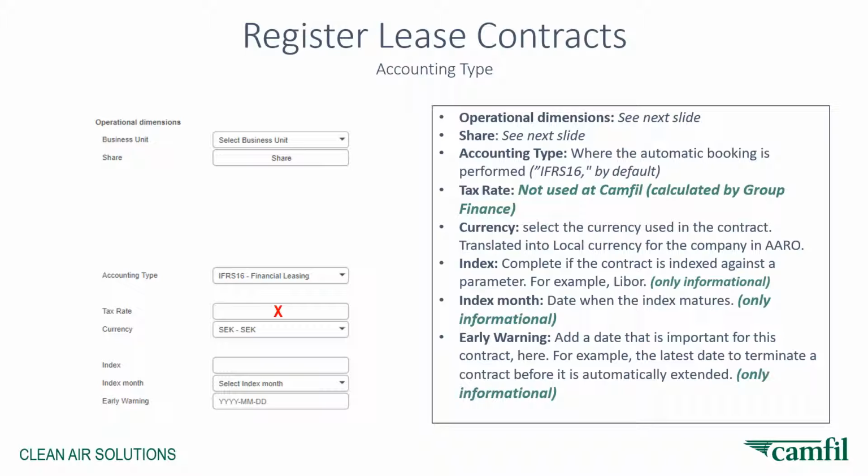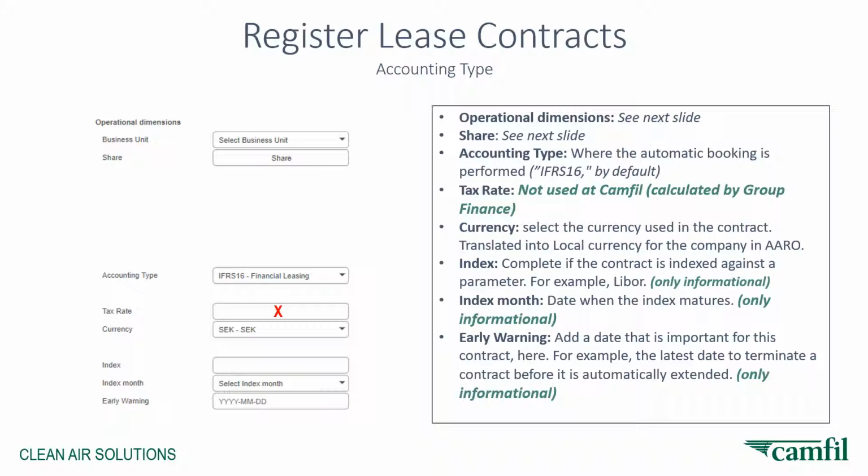After this, you'll notice tax rate, currency, index, index month, and early warning. Tax rate is not used at Camfil, but is calculated by Group Finance. Currency is where you select the contract currency, which may differ from the local currency. Index refers to instances where the contract is indexed against a parameter and is only for informational purposes.